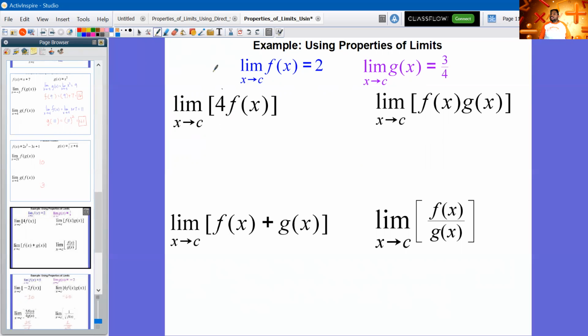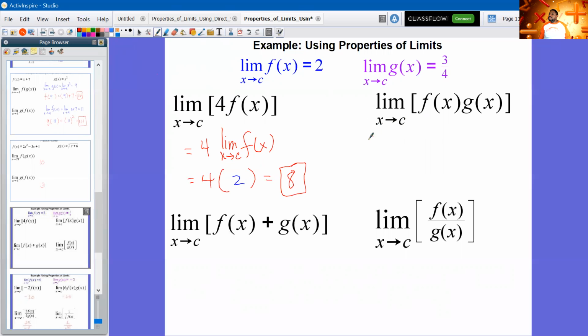So I'm going to start with this one right here. So what I want to do is factor out my 4. Utilize the property. And I get my answer.